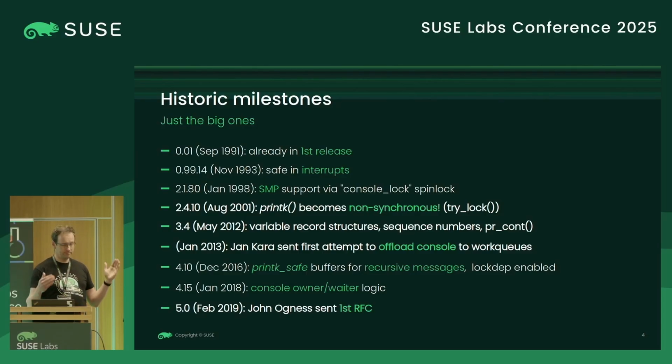Later attempts were to offload them to kthreads, which is basically the solution that the RT guys later also wanted, because for them, handling consoles in printk directly is no way, because printk never knows whether it's called in atomic or preemptible context.